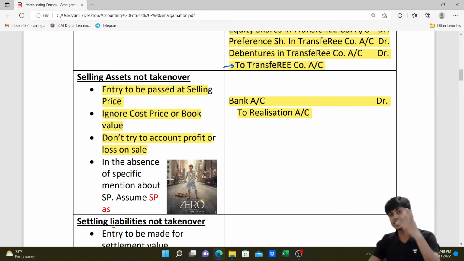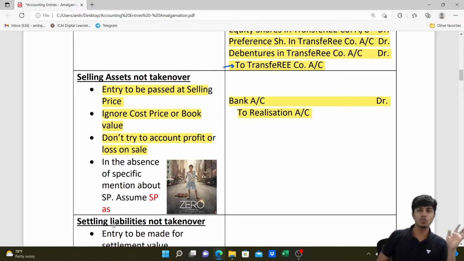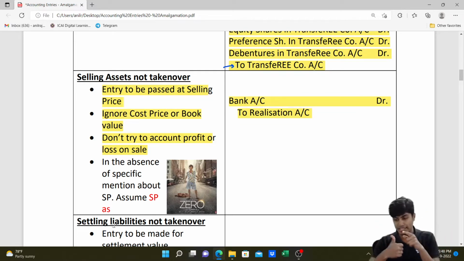Done? The next thing that we need to keep in mind is, what if we have four assets and the transferee takes over three assets? They don't tell anything about that fourth asset. They've neither told us that it is sold, nor whether it is sold or not, and they don't mention the price. Then we would have to make an assumption that it is sold or not sold.